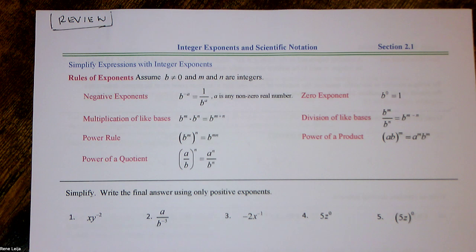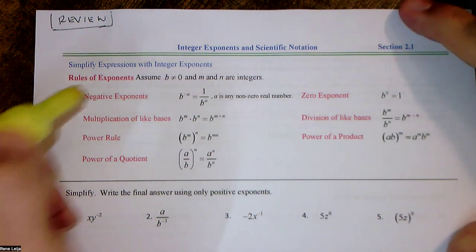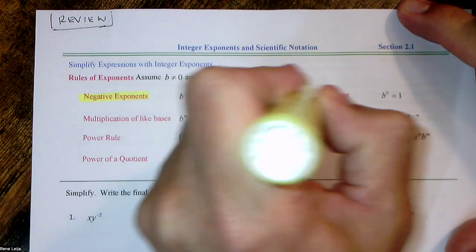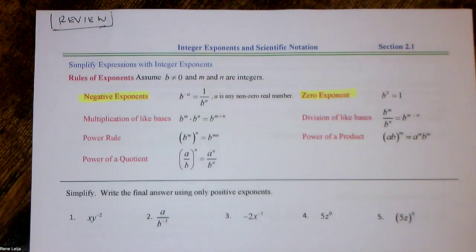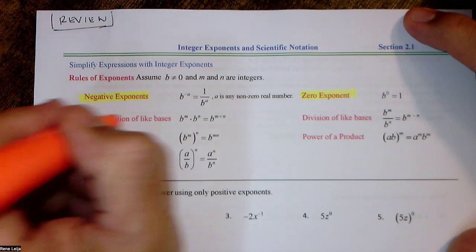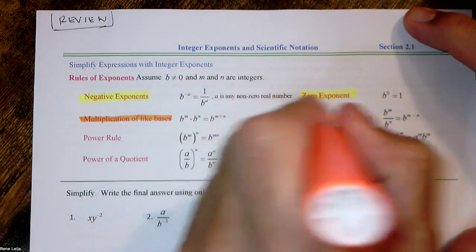Now, what we do here is you can basically split up your exponent rules into three different types. So I'm going to highlight. We have the negative exponent and our zero exponent rules. So that's one type. And then we have multiplying like bases and dividing like bases.